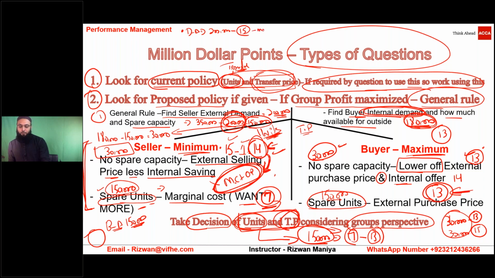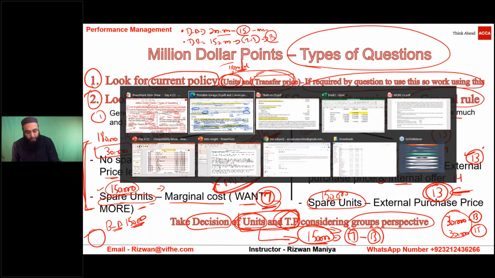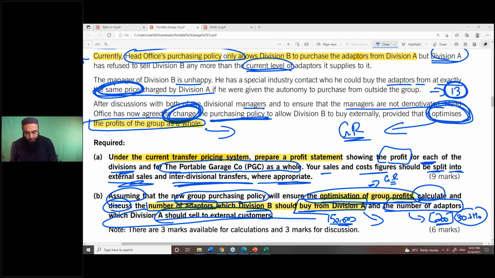That will maximize the profits. And division B should buy 150,000 at a price, whatever it is, 17 or 13. That will be good for B. That's it. Understood? The question was asking you about units only, the number of adopters. Answered? Done.